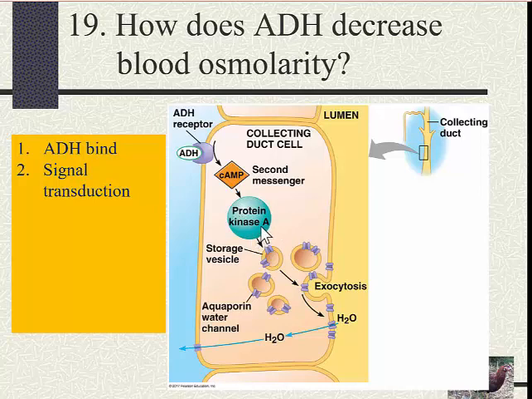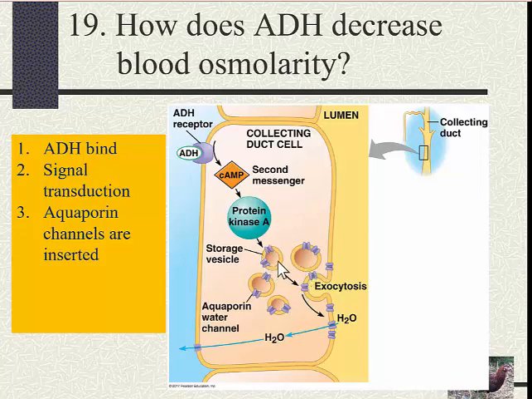The protein kinase A activation then leads to storage vesicles with aquaporins embedded to be inserted by exocytosis into the membrane of the collecting duct, and that leads to more uptake of water.